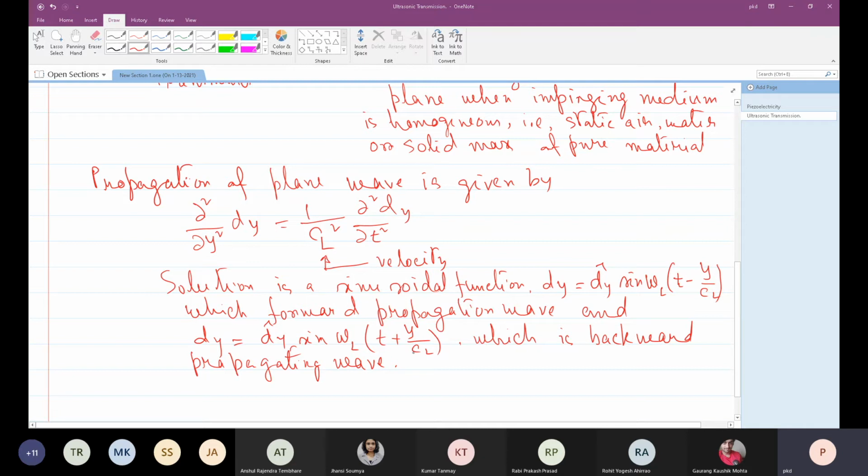And this is because it is backward, so it is like going backward in time in the negative direction. That's why it is t plus y by CL corresponding to a reference. So there could be a backward propagating wave, therefore this delay is a positive delay, t plus y by CL.